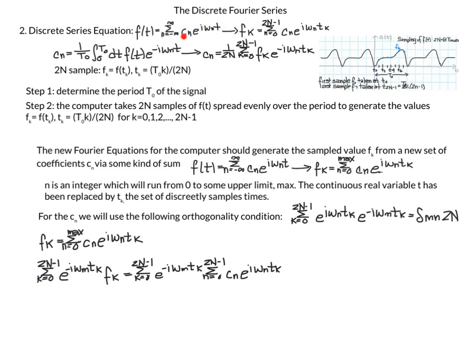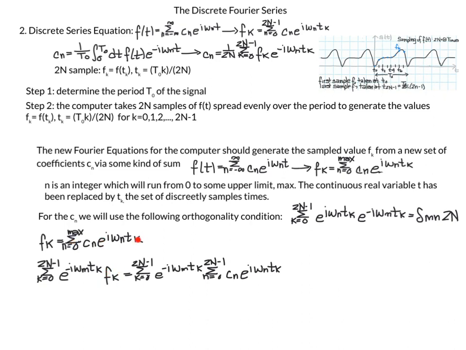And then to find the coefficient, we multiplied both sides of the equation by e to the whatever frequency we wanted. That's exactly what we're going to do here. So to find the coefficient for a particular frequency, we're going to multiply both sides by that frequency. So here I have multiplied the left-hand side of the equation by the summation of e to the i omega m t sub k.